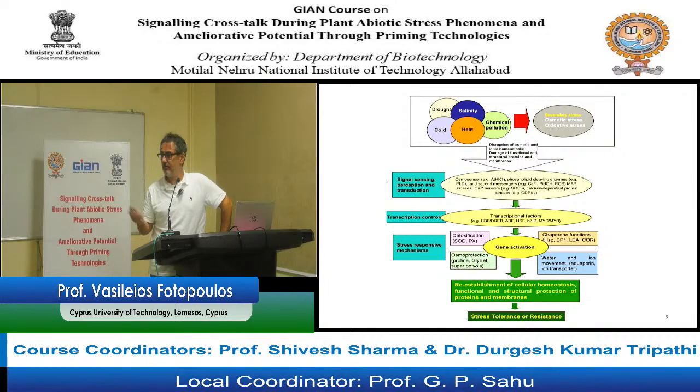That includes superoxide dismutases that actually dismutate superoxide radicals to hydrogen peroxide, peroxidases, catalases, glutathione reductases, and so on. Okay? We have, of course, the element of osmotic protection that is especially key for stressors that actually disrupt osmotic homeostasis, such as salt and drought stress.